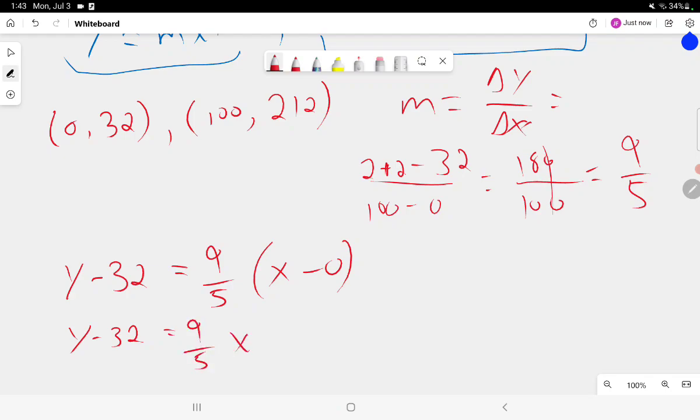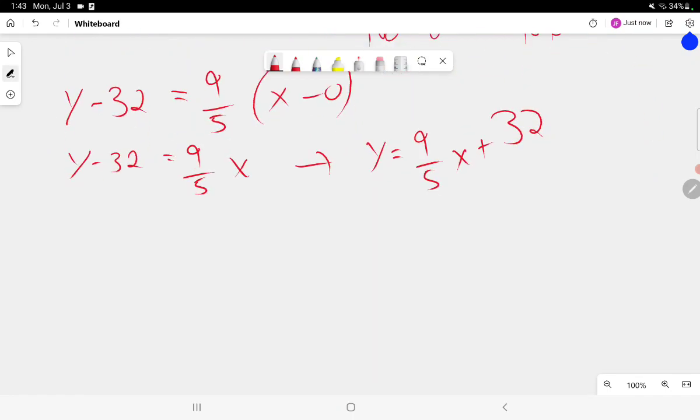And finally, that gives us y is equal to 9/5 x plus 32. That should be something that probably looks familiar to you if you've ever had to do this conversion. So y is the temperature in Celsius, and x is the temperature in, excuse me, I have that flipped. Y is the temperature in Fahrenheit, and x is the temperature in Celsius.